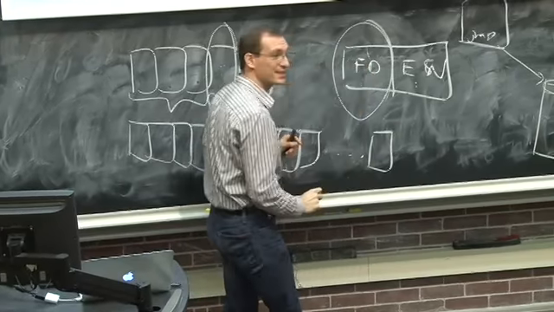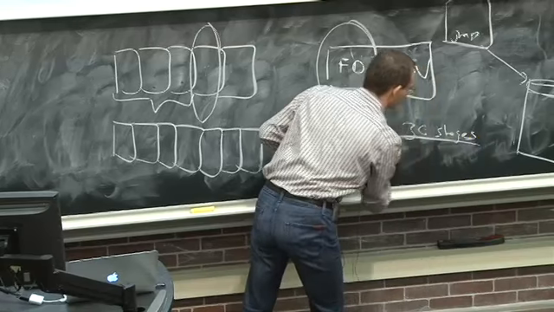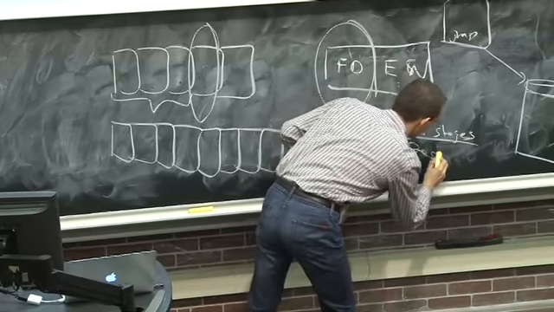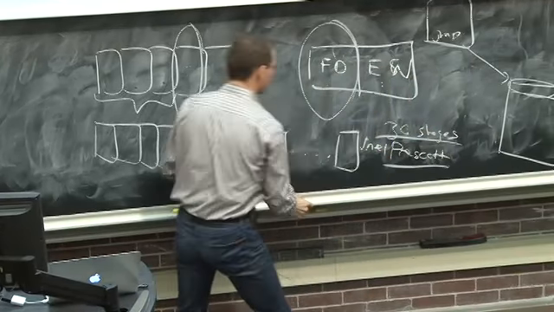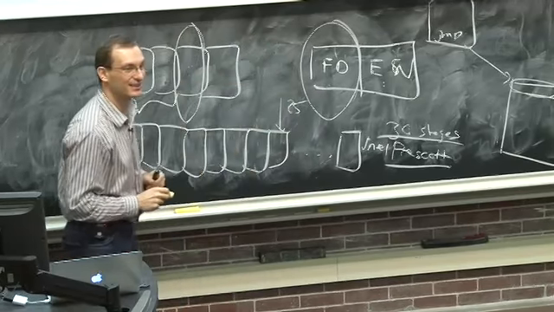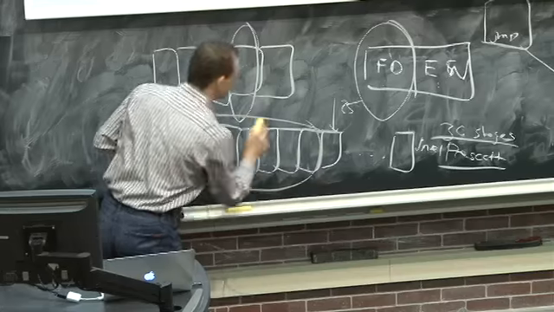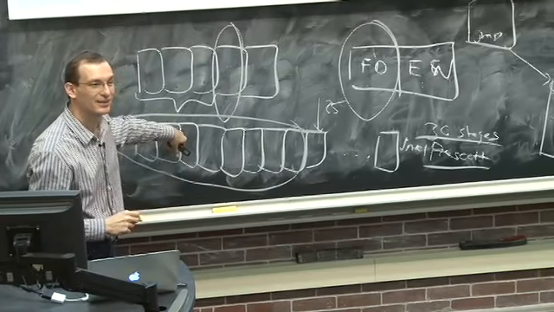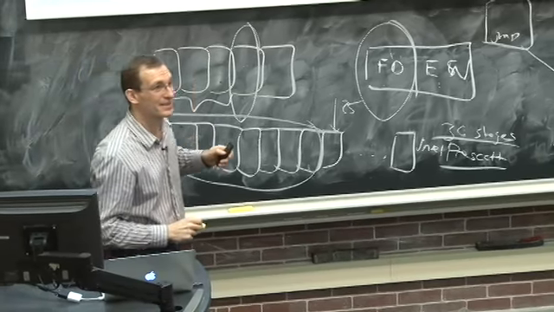What if your pipeline is 30 stages, as it was in Intel Prescott, the second generation Pentium 4? And if your branch is resolved in the 25th stage, do you redefine your branch instructions such that you have 24 delay slots? Now you see the problem, right?